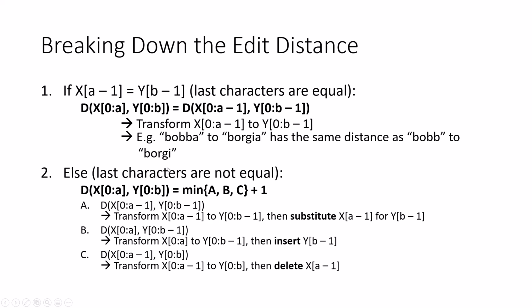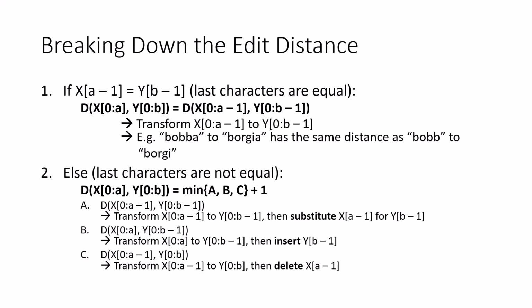A bit of a more complicated one is, what if the last characters are not equal? If they're not equal, then by our operations, we only have substitute, insert, and delete. So we can just break it up into each of those three different cases.